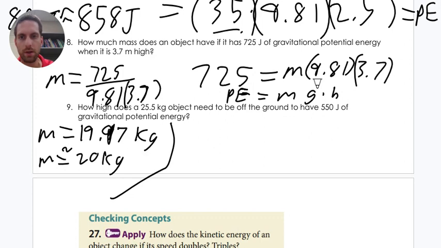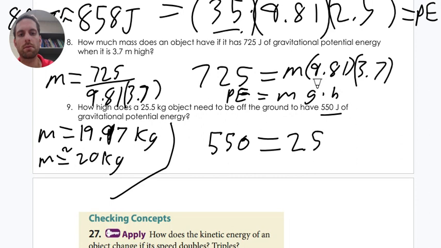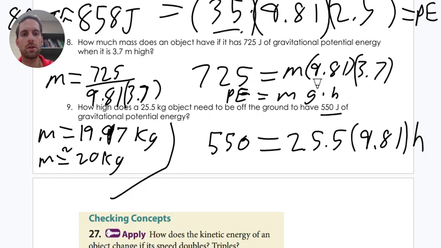So we want the height, so 550 joules, mgh is our potential energy, equals mass times 25.5, so we know that, times the acceleration due to gravity, 9.81, times the height, which we don't know.